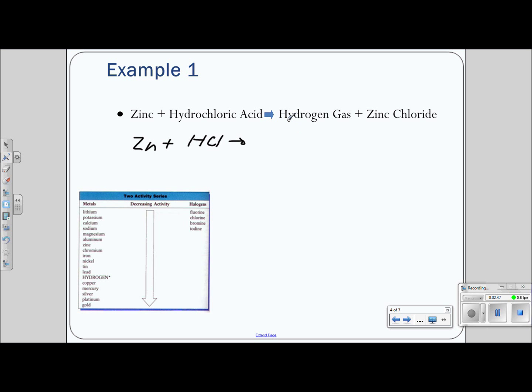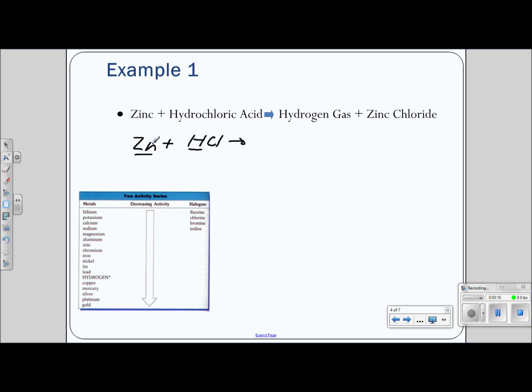Here I have already written the word equation for you, but we're going to look to see if zinc will actually replace the hydrogen, and we're going to find the location where zinc is. Zinc is right here, and hydrogen is here. Therefore, this reaction will take place because zinc is more reactive.